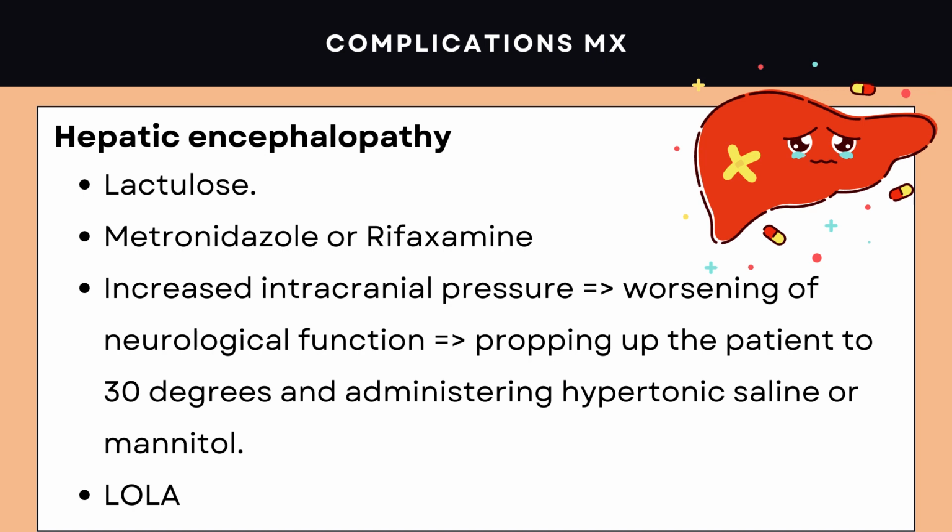This causes further worsening of the neurological functions. Increased intracranial pressure secondary to hepatic encephalopathy may be managed by propping up the patient to 30 degrees and administering hypertonic saline or mannitol. The place of LOLA in acute liver failure is unclear.